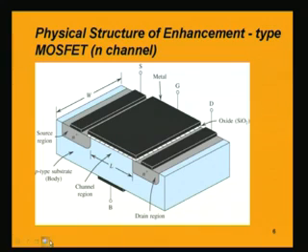So, let us first see the physical structure of an enhancement type MOSFET, and we will first take up the N channel MOSFET. There are two types of enhancement type MOSFET, which are N channel and P channel. We will first discuss the N channel enhancement type MOSFET. So, here we see the structure of an enhancement type MOSFET, which is N channel.